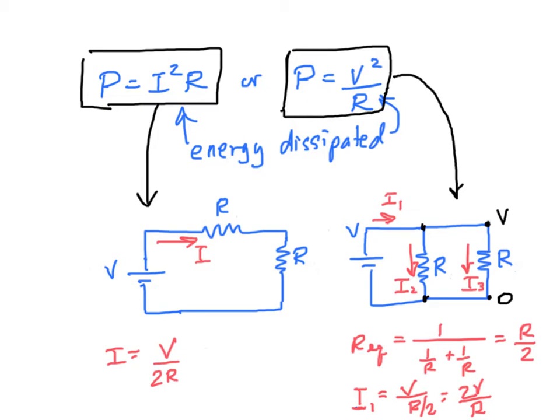Okay? So when you know the voltage across the resistor, it's really easy to find the power dissipated by the resistor using that equation on the right over here. If you have a series resistor, the current is the same through all the resistors in series because of conservation of charge.